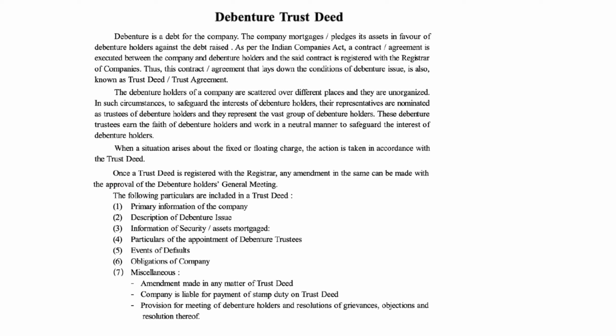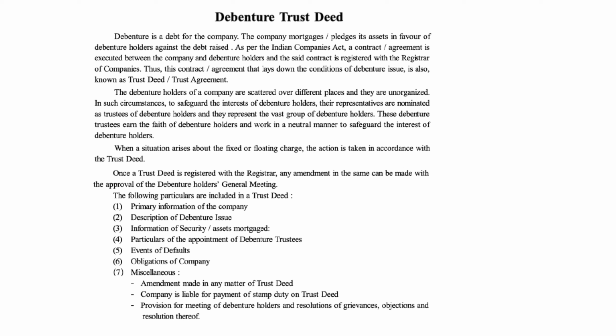or to decide whether after 15 years they will get their money back considering the current situation. So to protect the interest of these 10,000, 20,000 people, they will create a trust. And whenever you are creating a trust, you have to create a trust deed or trust agreement. Through this trust deed, the trustees for this trust will be appointed.